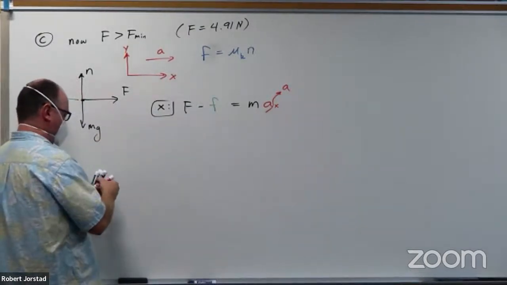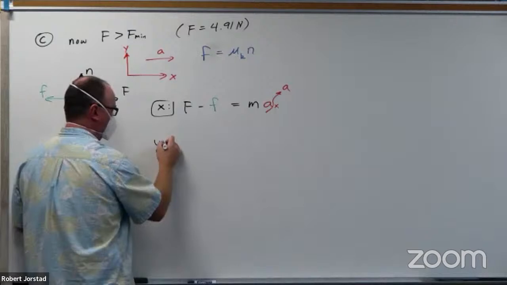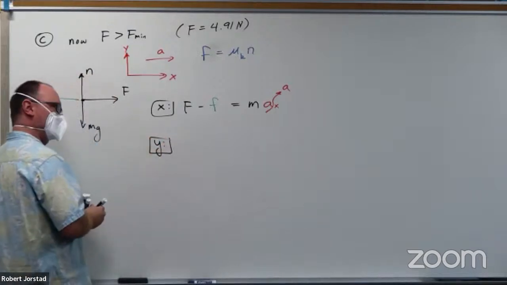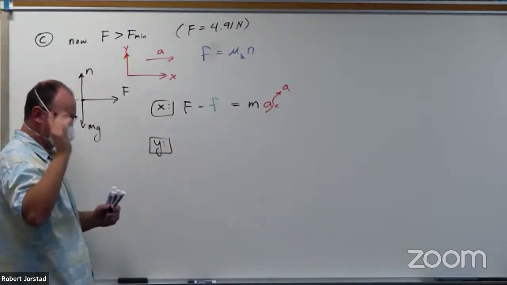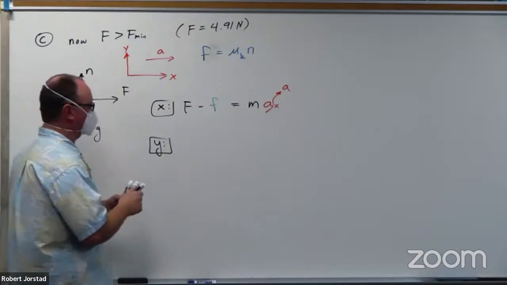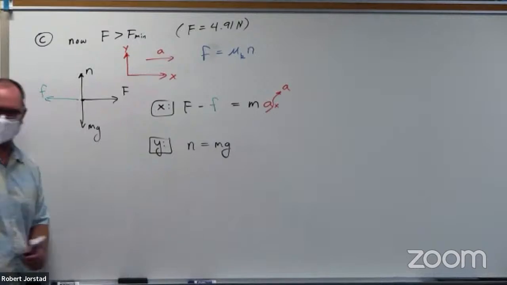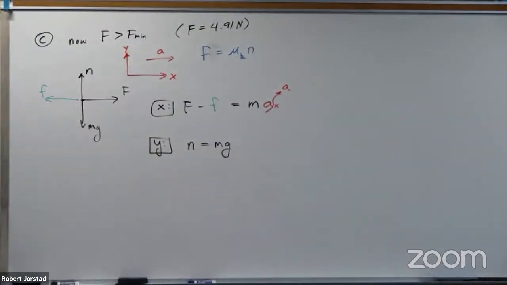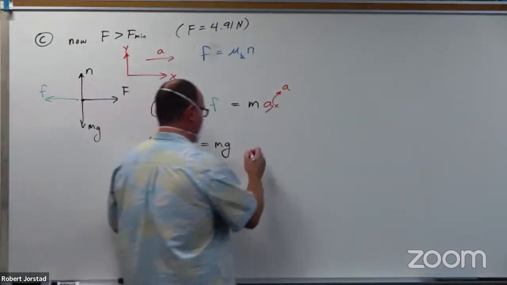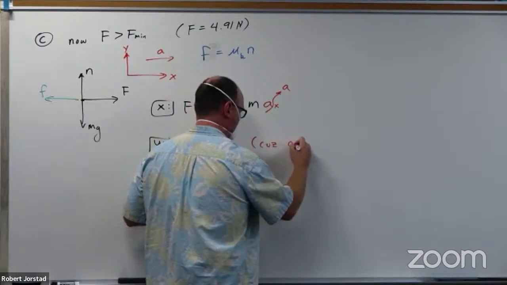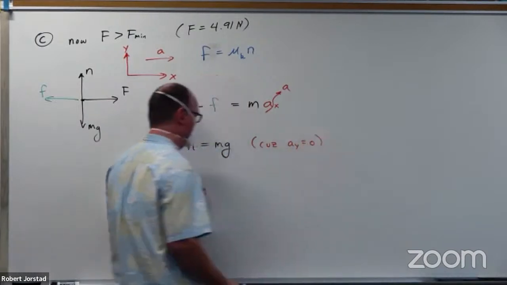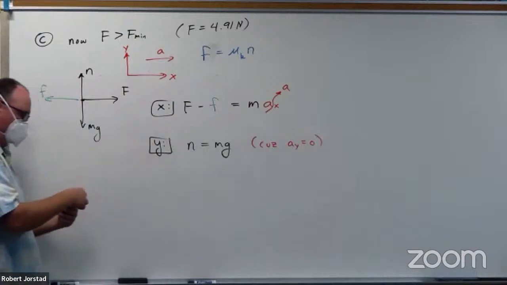In the y direction, what's the acceleration in the y direction? It doesn't change. Yeah, so in the y direction, can we still say ups equal to downs? Yes. I'll even say why. Because a_y equals 0. Ups equal to downs.